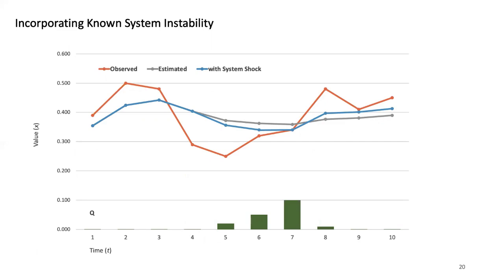So instead of smoothing away like the gray line, the blue line essentially says we should trust the observed value more. It pulled away from that smoothing during the time when I know there is system instability, and then off it goes afterwards.